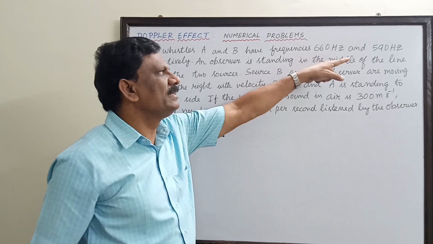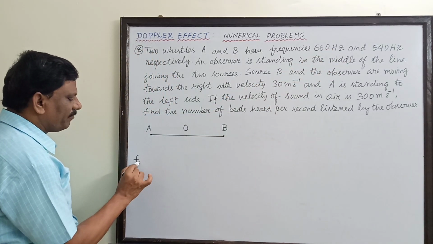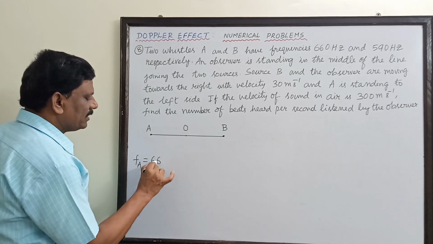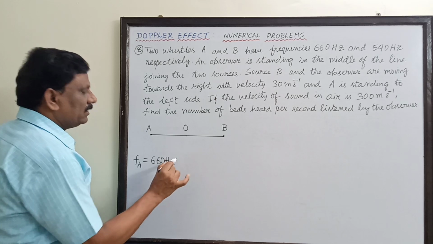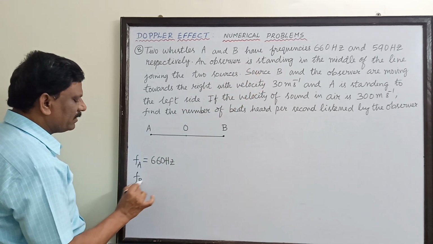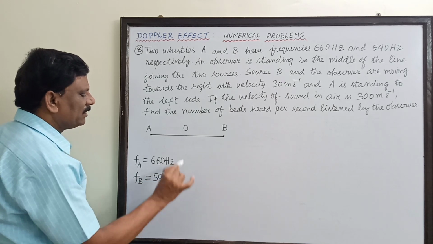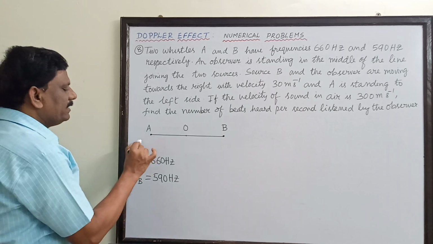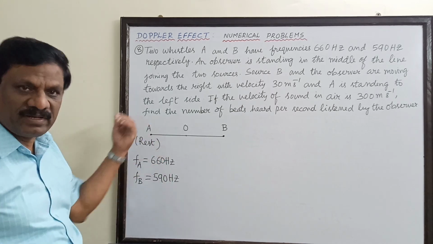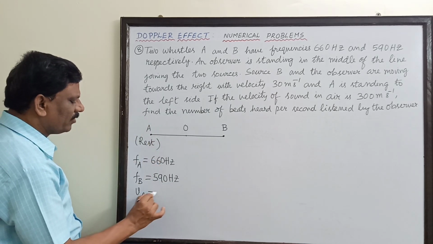Let us take the actual frequency of A as 660 Hertz and the actual frequency of B, FB, equal to 590 Hertz. Now A is standing at the left, at rest, so the velocity VA is equal to 0.